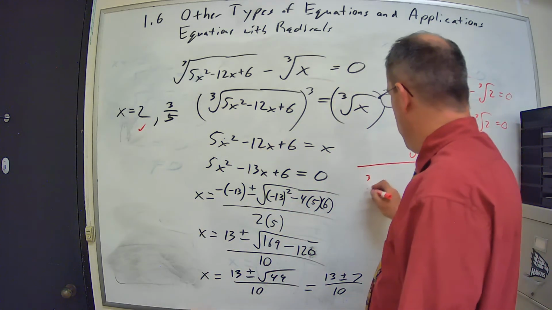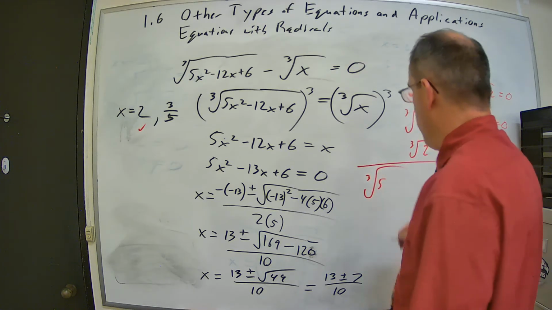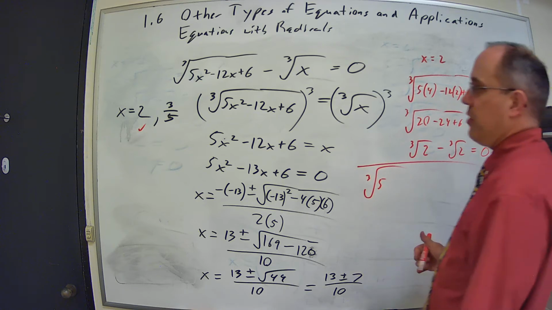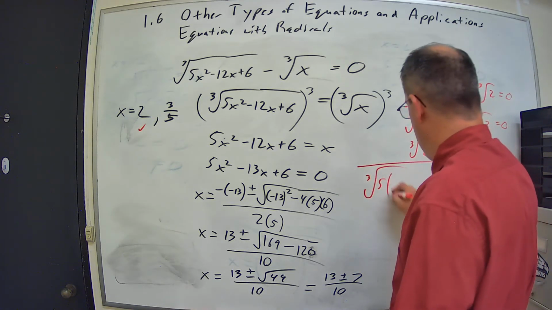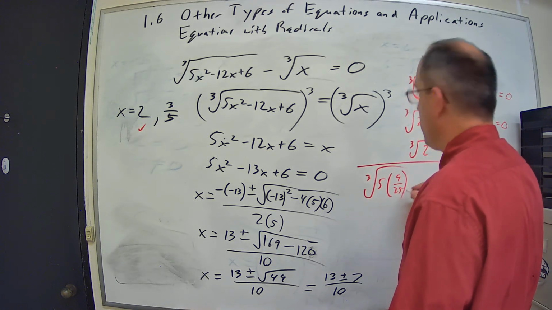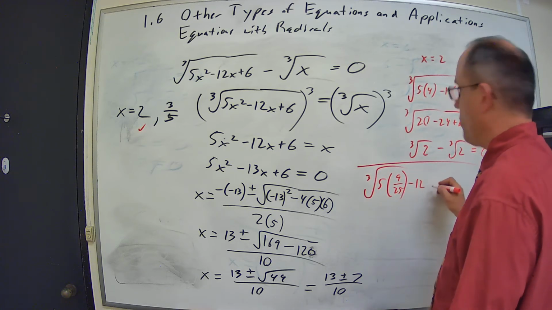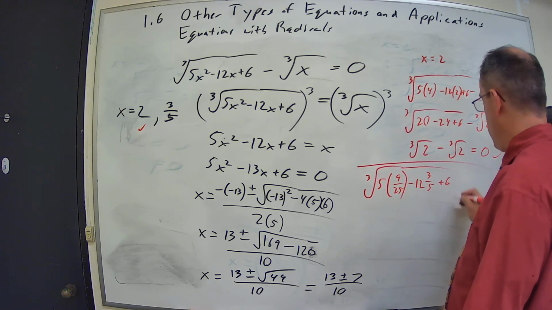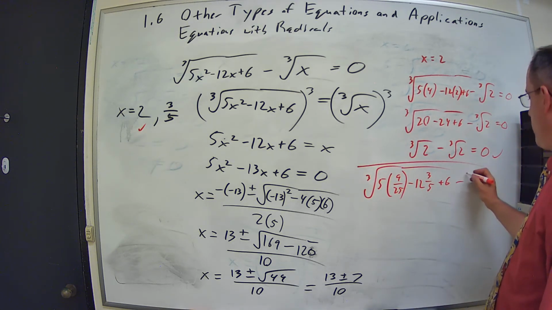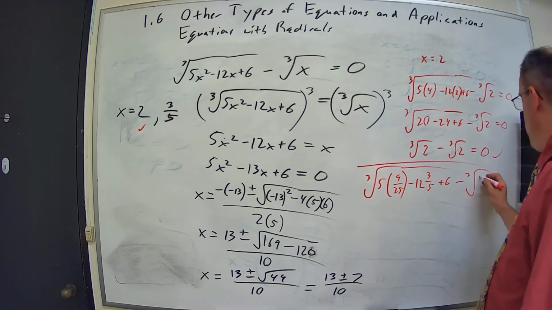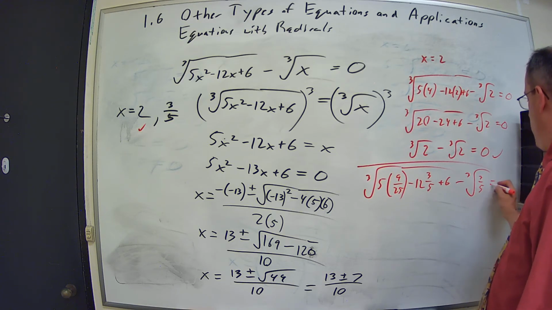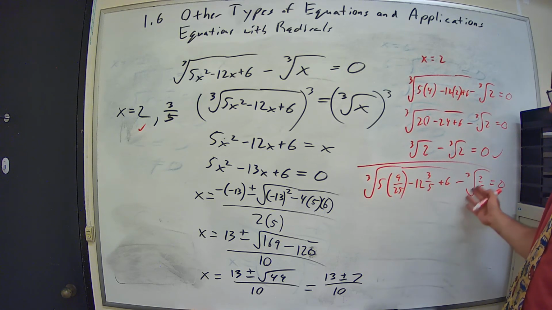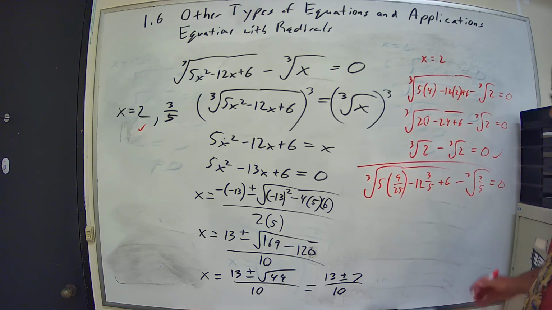So the cubed root of 5 times 3/5 squared is 9/25, minus 12 times 3/5 plus 6, minus the cubed root of 3/5 equal to 0. Boy, I sure hope this comes out to be 0 so I don't have to do a lot of hard work.